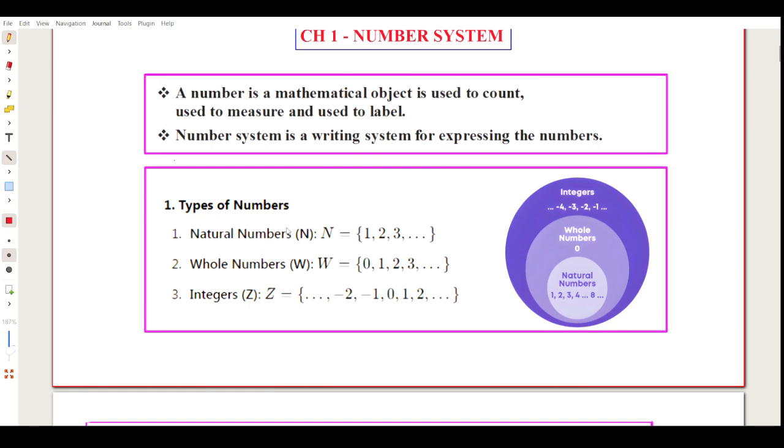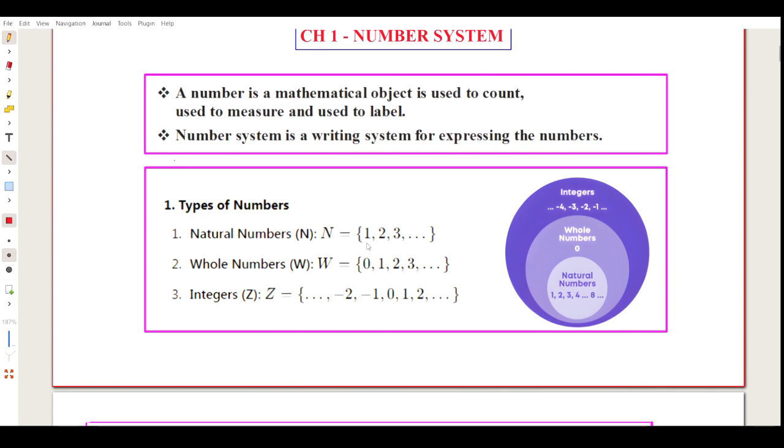Naturally we start counting the numbers from 1. That's why we call them natural numbers. In the natural numbers, if you include 0, it becomes whole numbers.